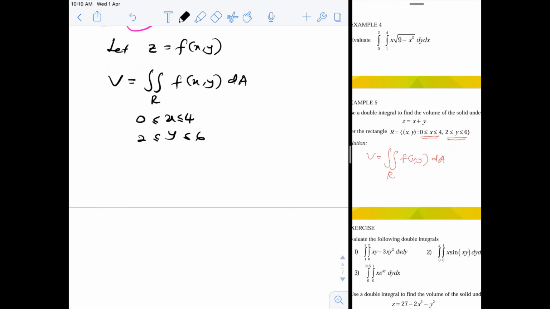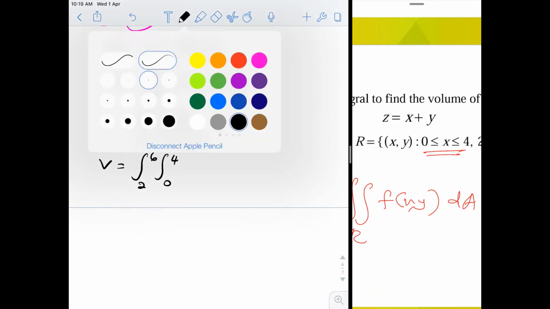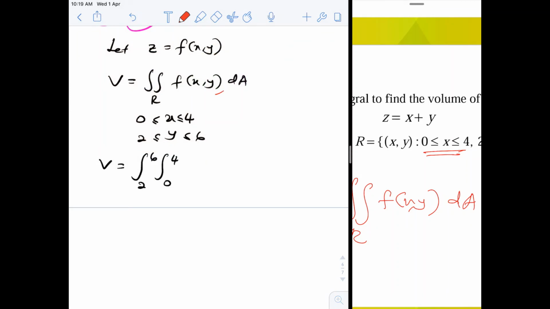Therefore, the volume is equivalent to the integral from 0 until 4, that is for x, and the limit of y is 2 until 6, of f(x,y). In this question we have z equals x plus y, so we know that this is your z.